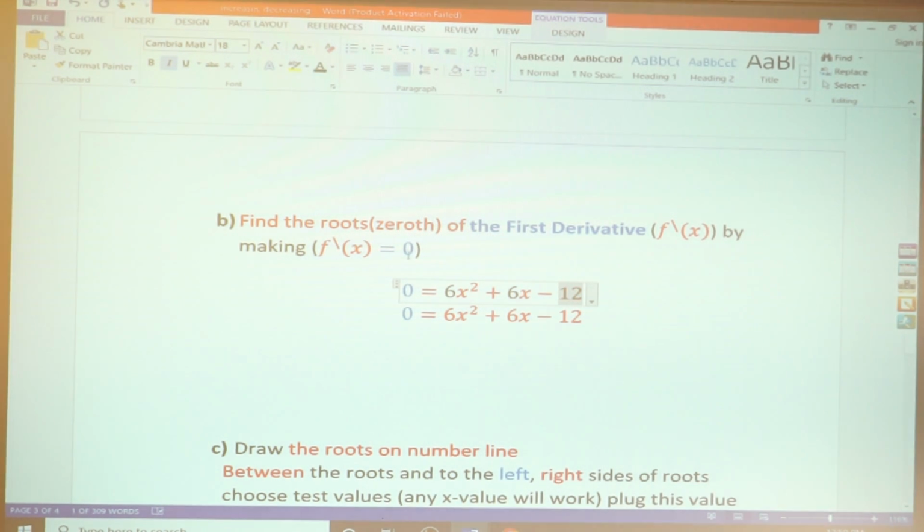All these terms share it, and we can take the 6 out, and this becomes only 2. Now what we have is 0 equals 6 times (x squared plus x minus 2). Since 6 does not equal 0, what is left must equal 0.